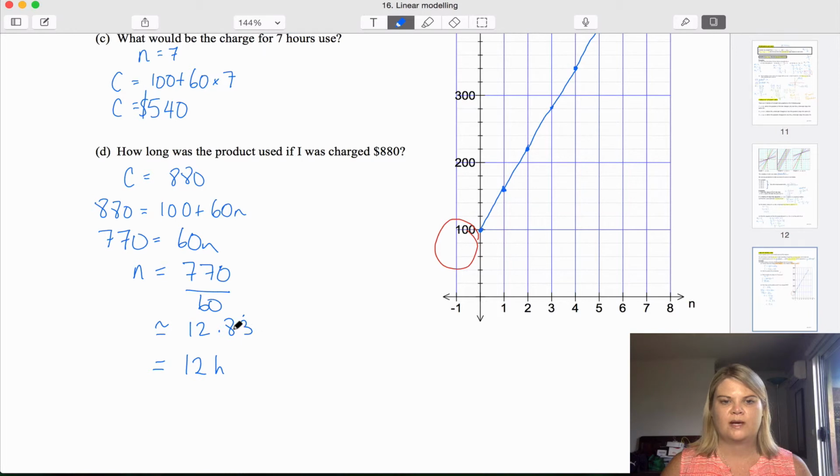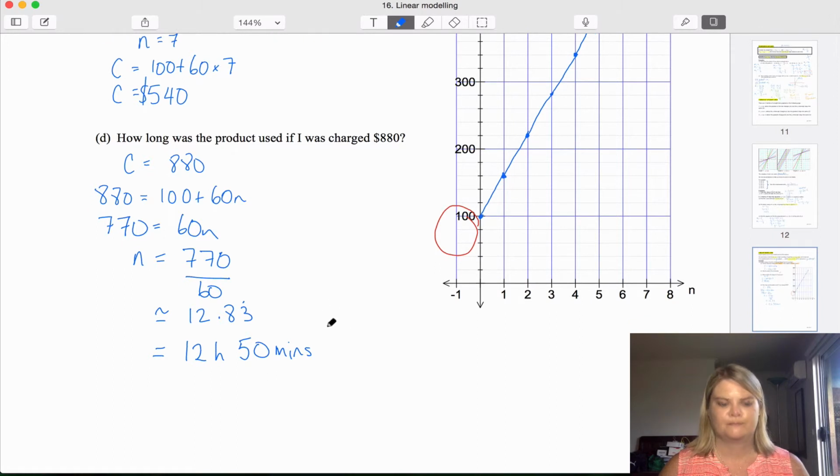And if you convert 0.8333 into minutes, multiplying by 60, you end up with 50 minutes exactly. The question was asking us how long, so we need to make sure that we put it into proper time rather than 12.83.